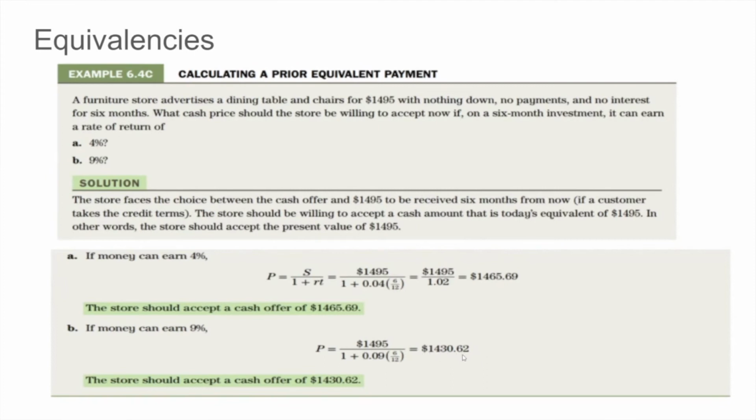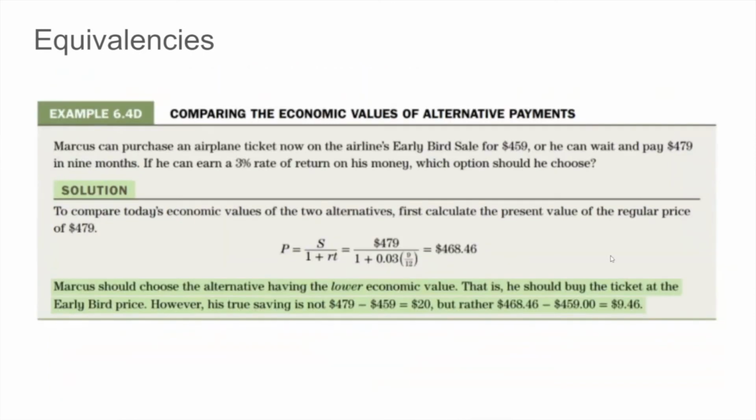So if you walked in with $1,430.62 and the going rate was 9%, they should accept that now, as opposed to allowing you to pay $1,495 in 6 months' time. So that's kind of like what we're looking at with these equivalencies. We got a couple of different dates. Let's compare one with the other. But the mechanics of it is no different from what we've done with the present value and future value calculations.